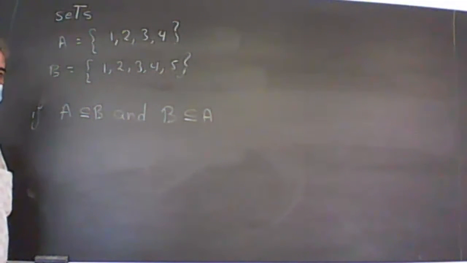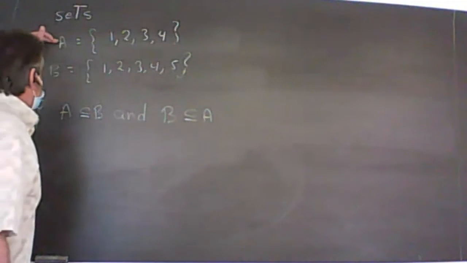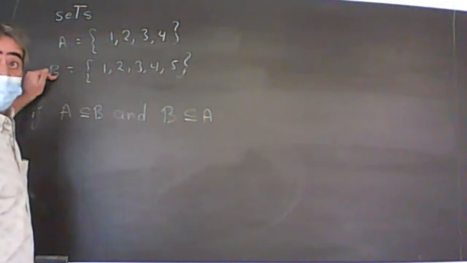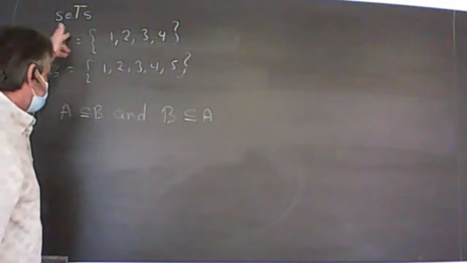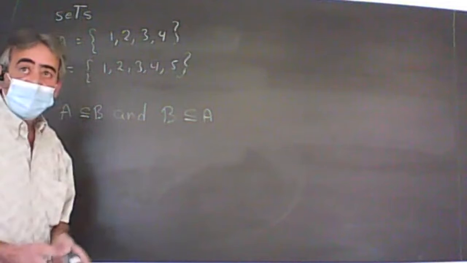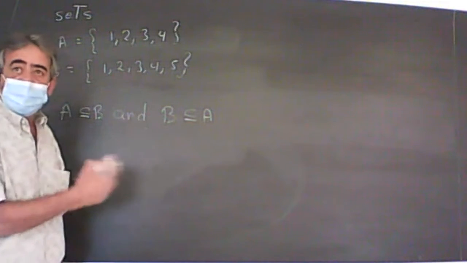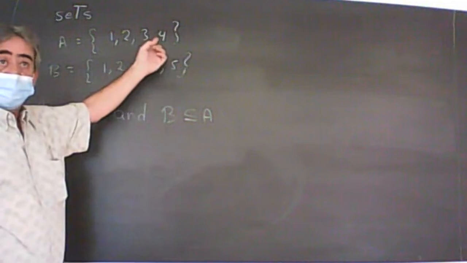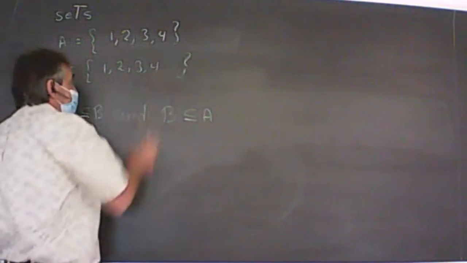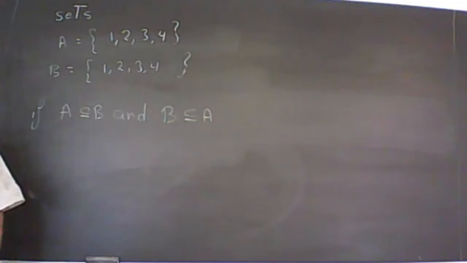What happens when I make them subsets of each other? Well, in this case, A is a subset of B, correct? Is B a subset of A? No. To make B a subset of A, what do I need to do? Maybe remove 5 from B, or maybe add 5 to A. Yeah? So let's remove 5 from B. Now what happens?